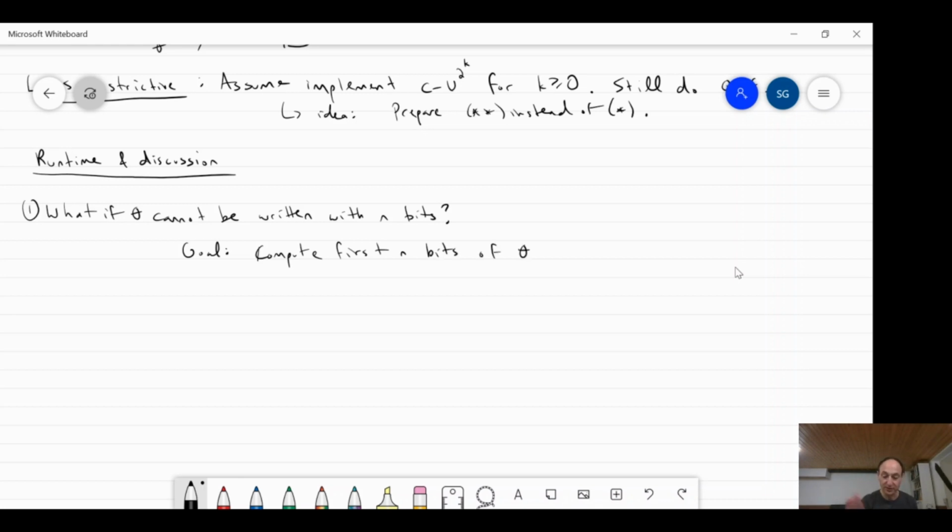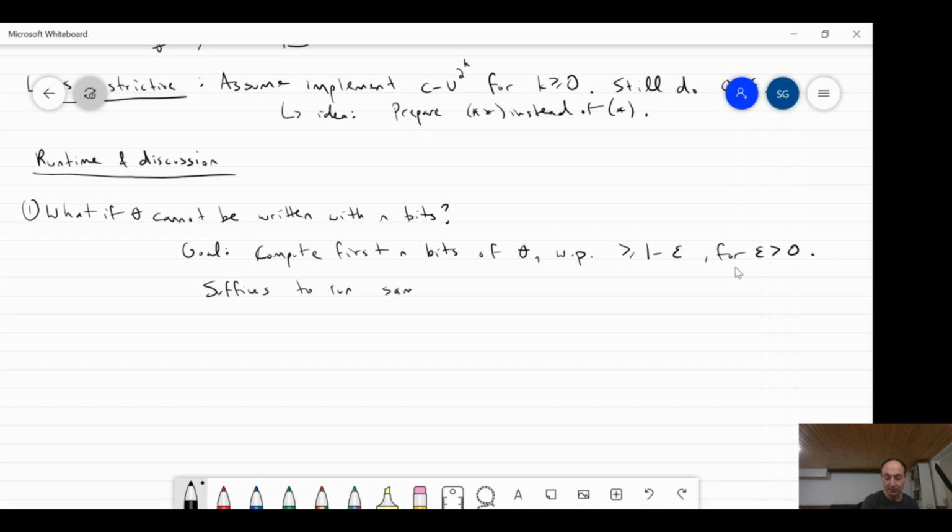It's got an infinite expansion, so this is kind of the best we can hope for. Okay, and we're going to do it with probability at least 1 minus epsilon, pick your favorite epsilon, right? So fix some constant.